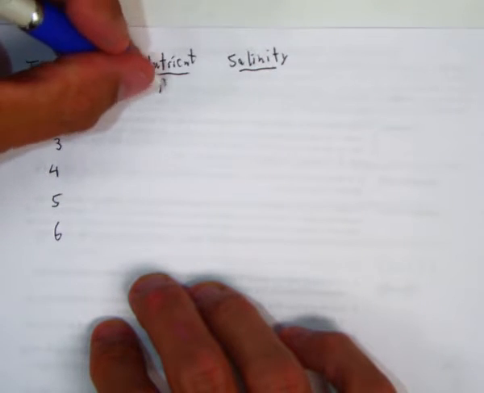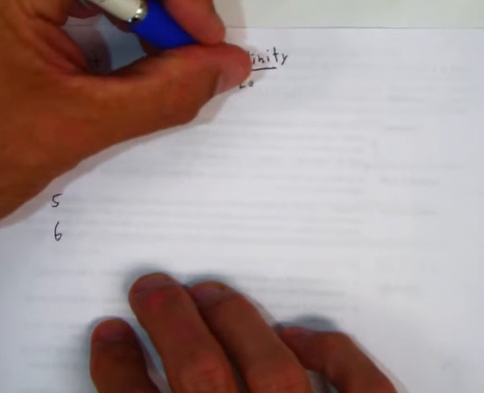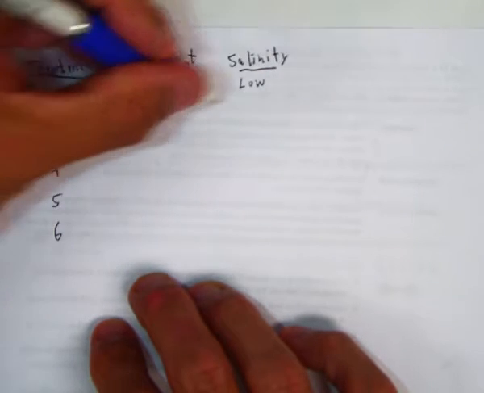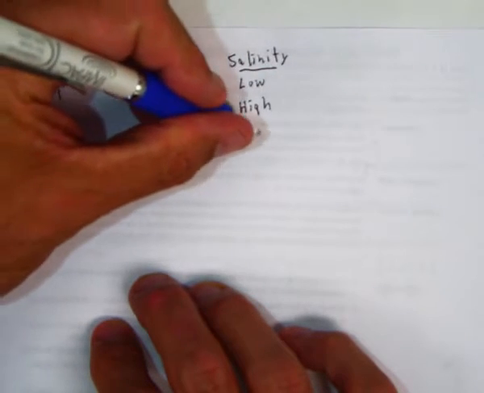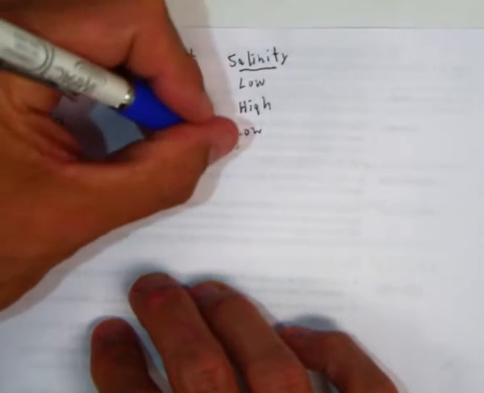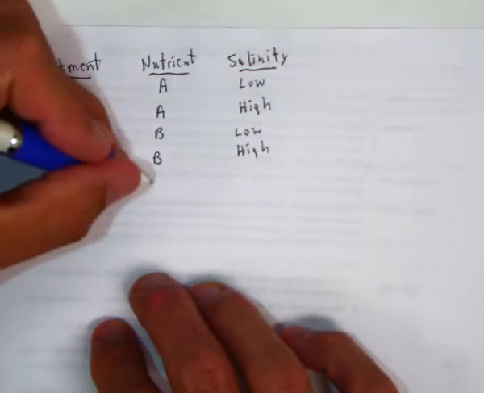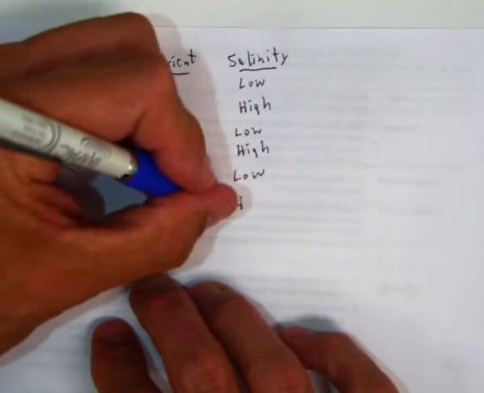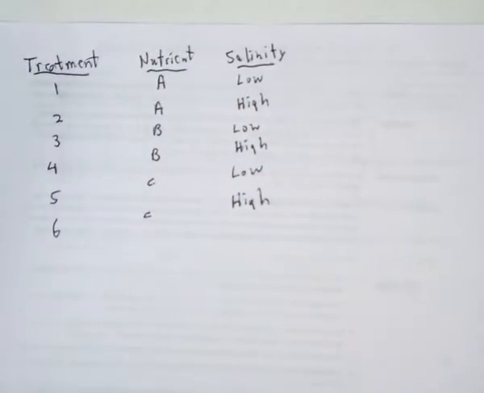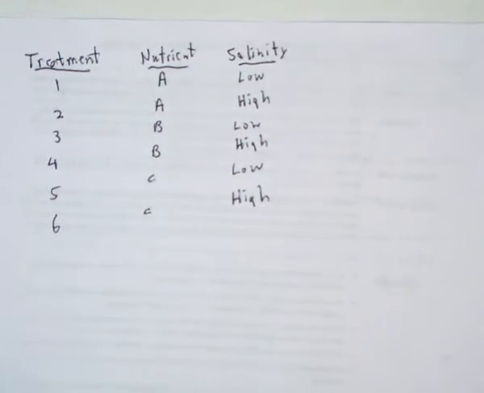So we have nutrient A with low salinity, nutrient A with high salinity, nutrient B with low salinity, nutrient B with high salinity, nutrient C with low salinity, and nutrient C with high salinity. Okay? So those are your 6 different treatments.